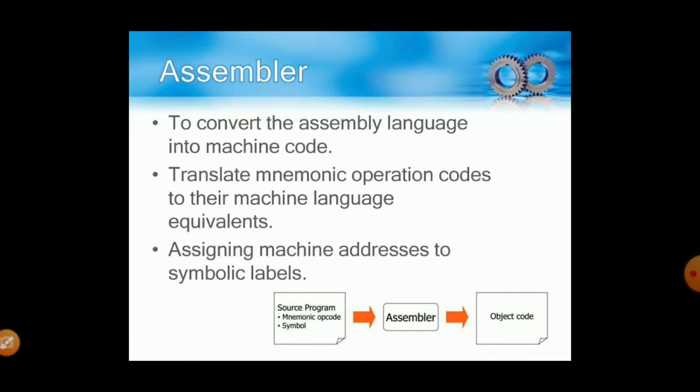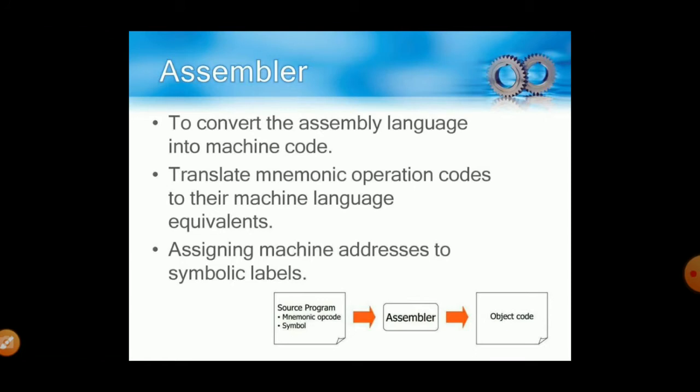So what is the use of an assembler? To convert assembly language into machine language. Then we need to know what machine language is. As everyone knows, the computer understands machine language, and that is 0 and 1. The computer understands only the language of 0 and 1.